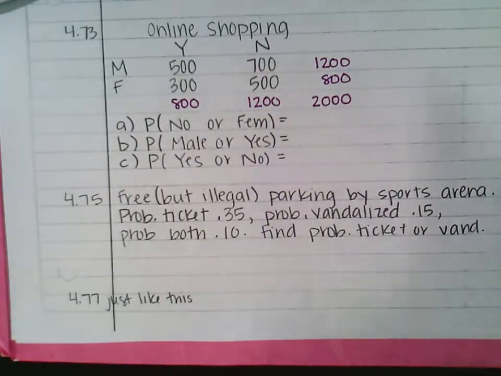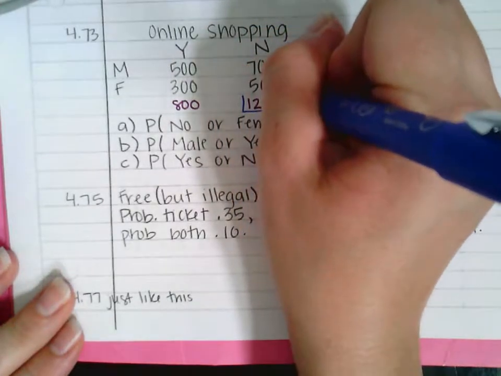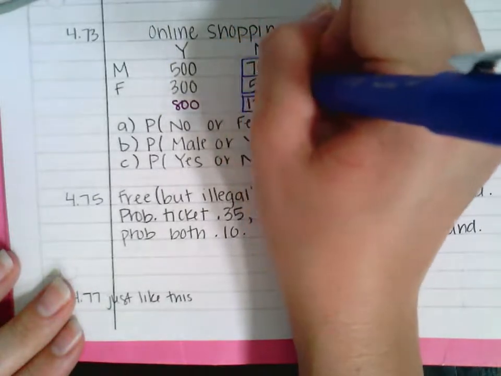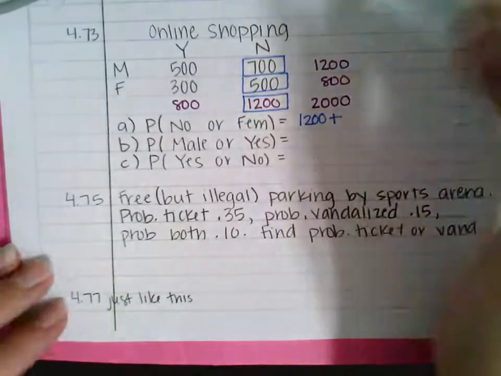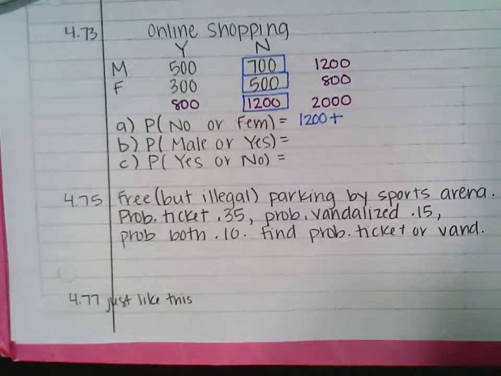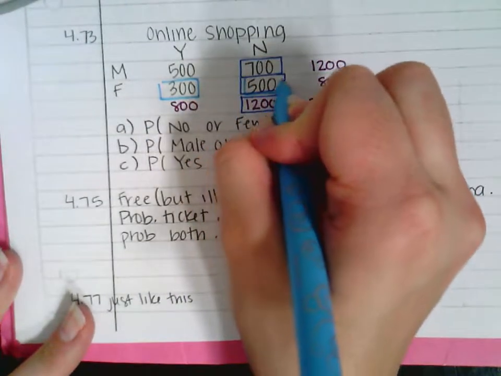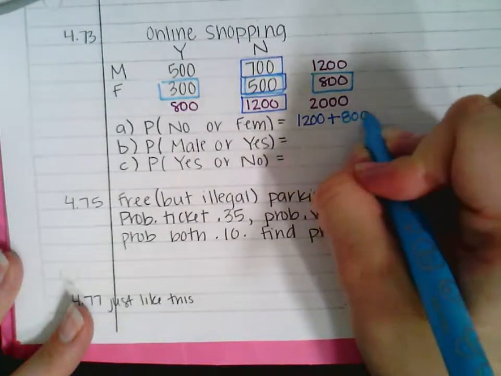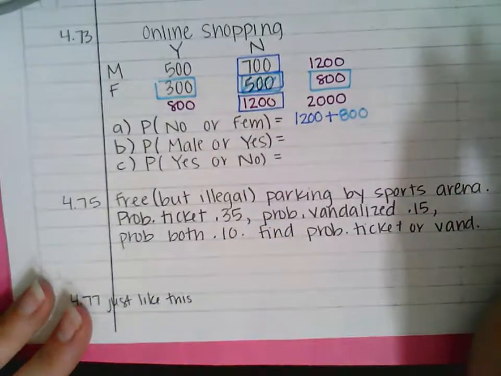So if I add up no or female, well, this 1200 here is this 700 plus this 500. So if I say 1200 plus, and then female, plus 800, what ends up happening is I counted this 500 twice.